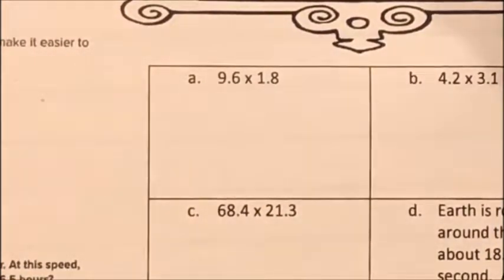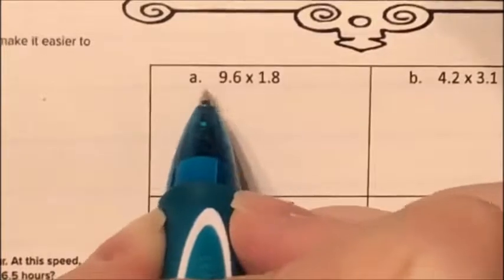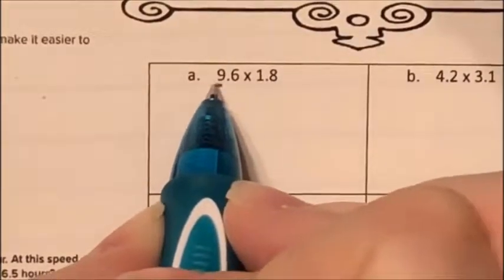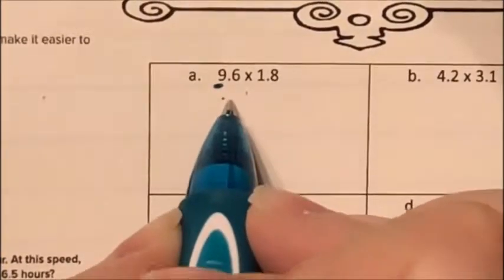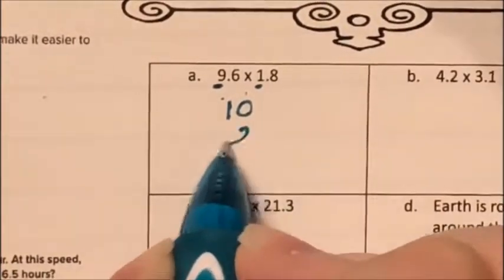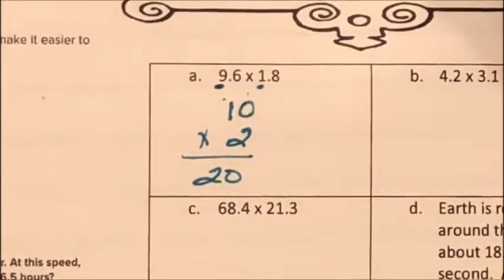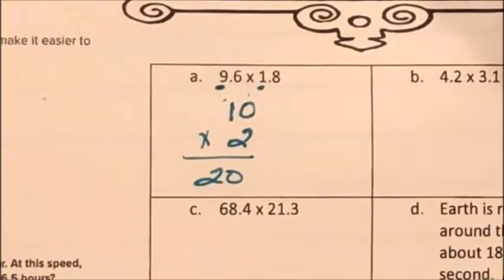So the first one I have, A, is 9.6 times 1.8. I'm going to round these so that they're easy numbers. 9.6 becomes 10, and 1.8 becomes 2. So I have 10 times 2, which gives me 20. So 9.6 times 1.8 is approximately 20.